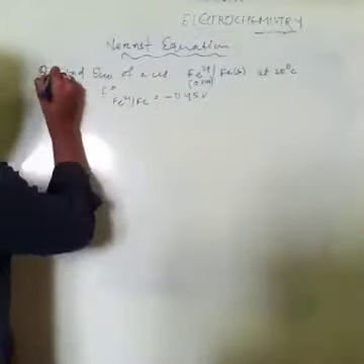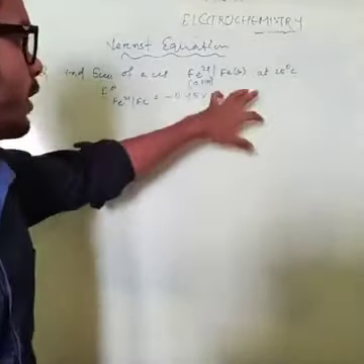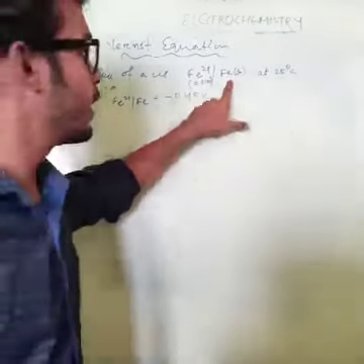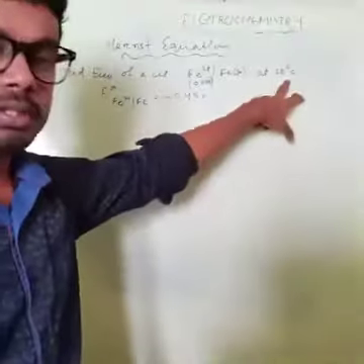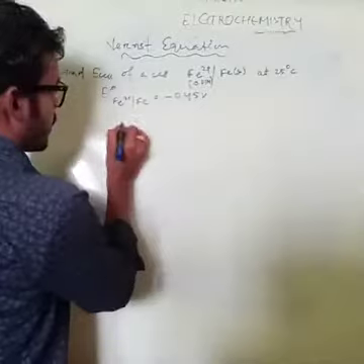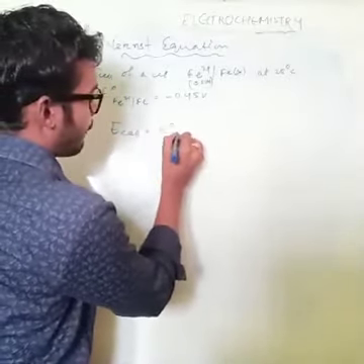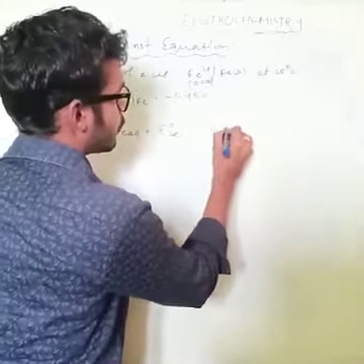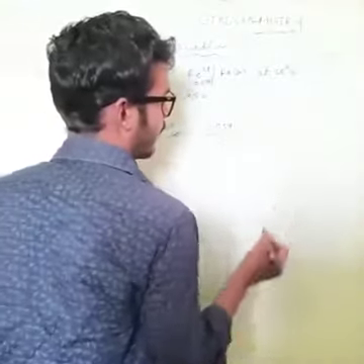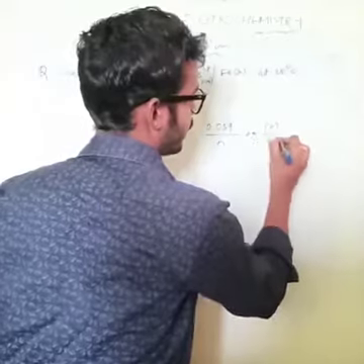So this is a question on the Nernst equation. Find E cell of the cell with the given half cell, Fe2 plus to Fe reduction potential, at 25 degrees centigrade. So the formula is E cell equals E naught cell minus 0.059 divided by n log product by reactant.